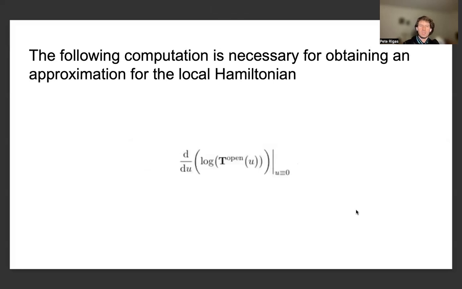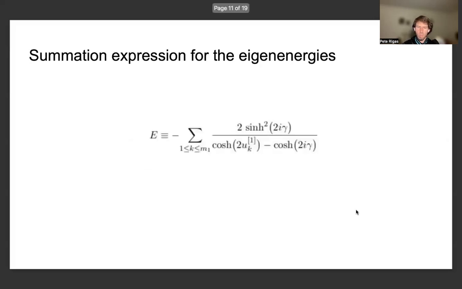And the following computation is necessary for obtaining an approximation for the local Hamiltonian. Namely, we're going to take the logarithmic derivative of the transfer matrix for the D23 spin chain under open boundary conditions, and evaluate it at u equal to 0.